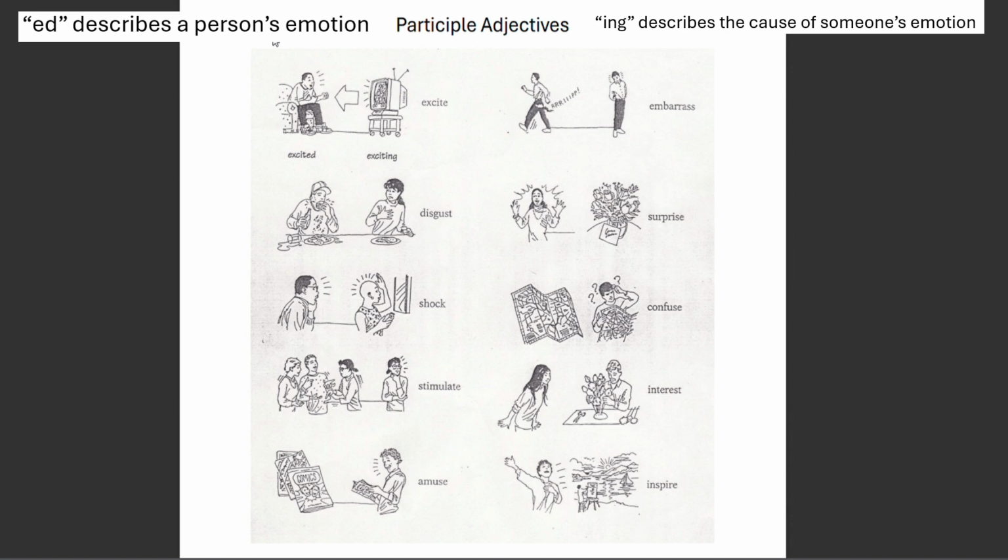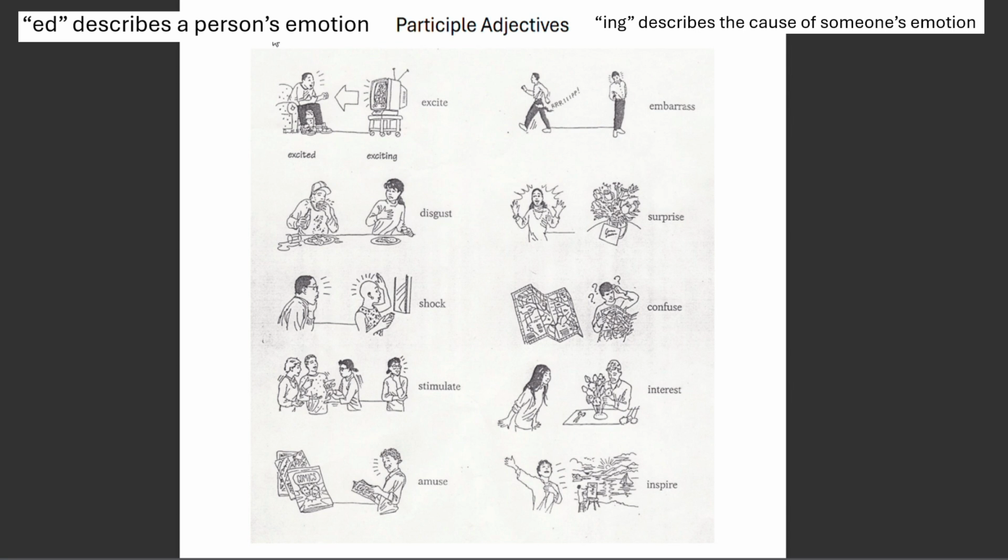So the conversation is stimulating and she is stimulated. Okay, amuse. The guy is having an emotion. Only people can have emotions. So the ed always has to be a person, right? So he is amused. And the comics are amusing. The comics are things that cause people to have emotions, right?